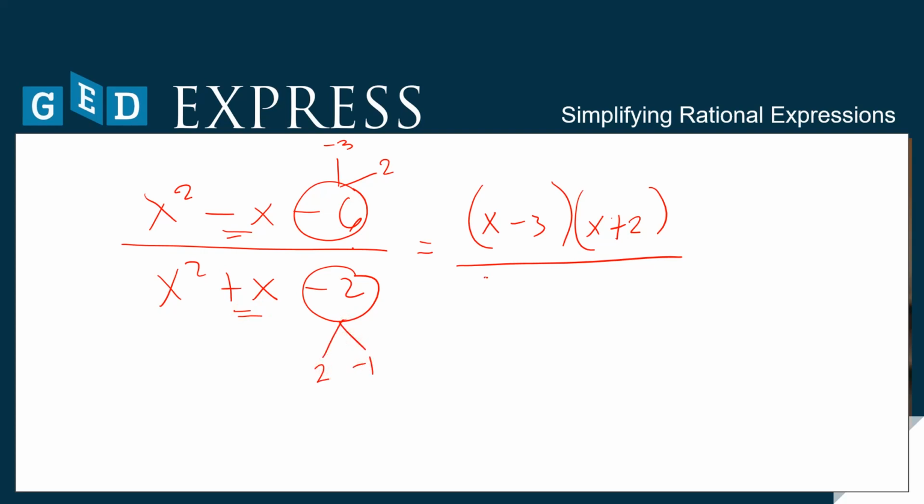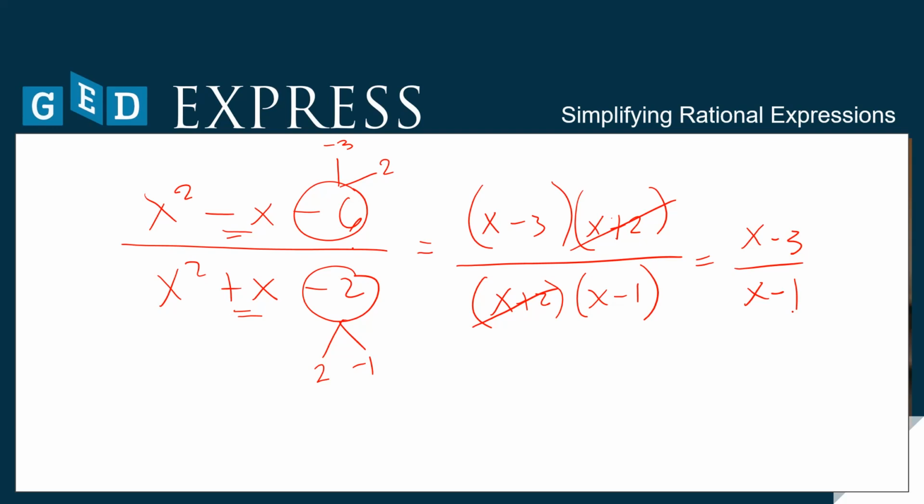Then rewrite it: we have x plus 2 times x minus 1. Now, canceling the shared factor of the numerator and the denominator, x plus 2, we have x minus 3 over x minus 1 as the answer.